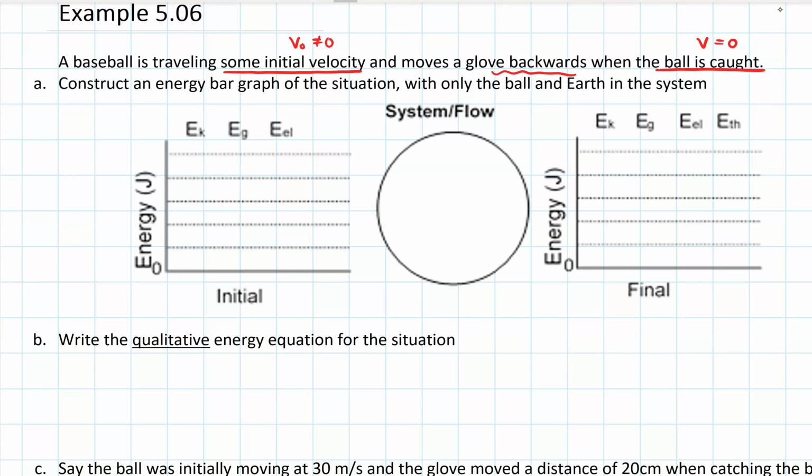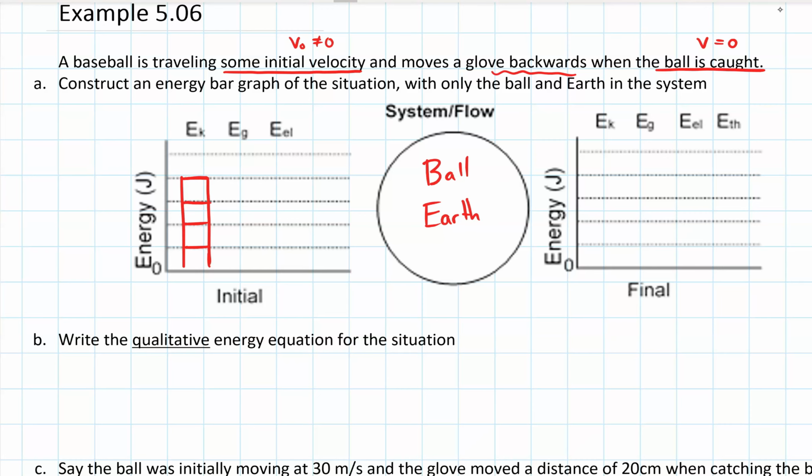Part A says, construct an energy bar graph of the situation with only the ball and the earth in the system. So the ball is in the system, and remember that ball was moving, so it has some amount of kinetic energy to begin with. I'm going to put 1, 2, 3, 4 blocks of energy.